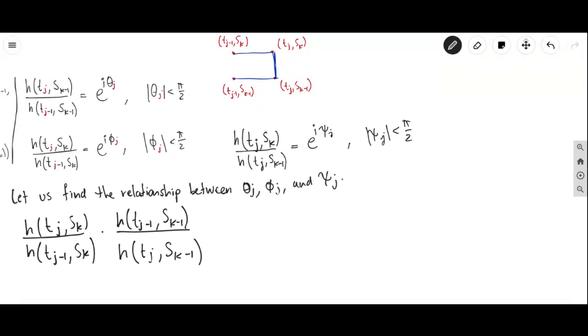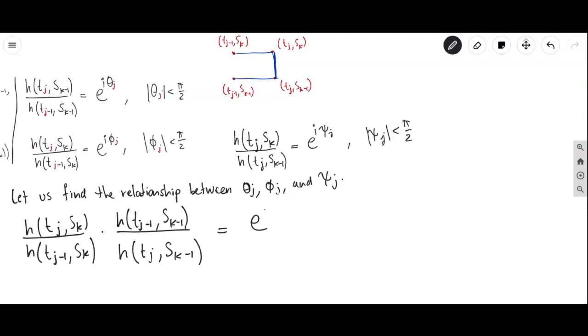Let me check that I've done this correctly. This fraction you just copy and paste, and this one gets flipped over. So that's what we have. When you divide them, you're dividing the two complex exponentials.